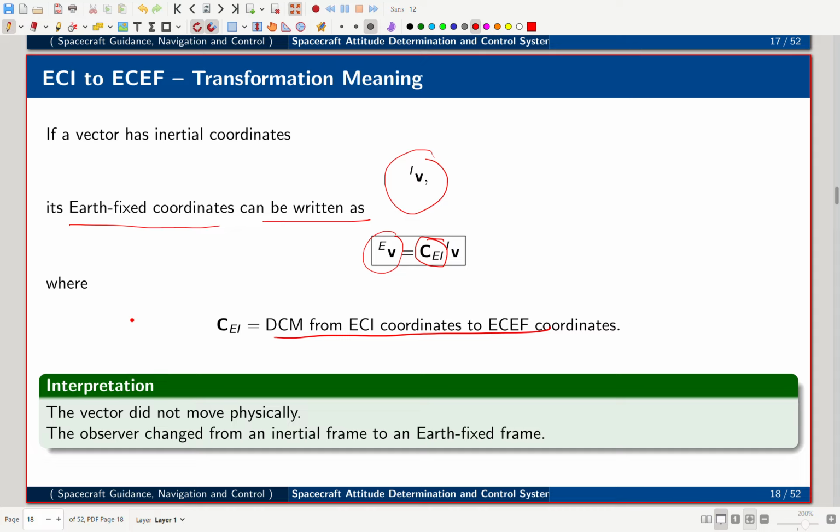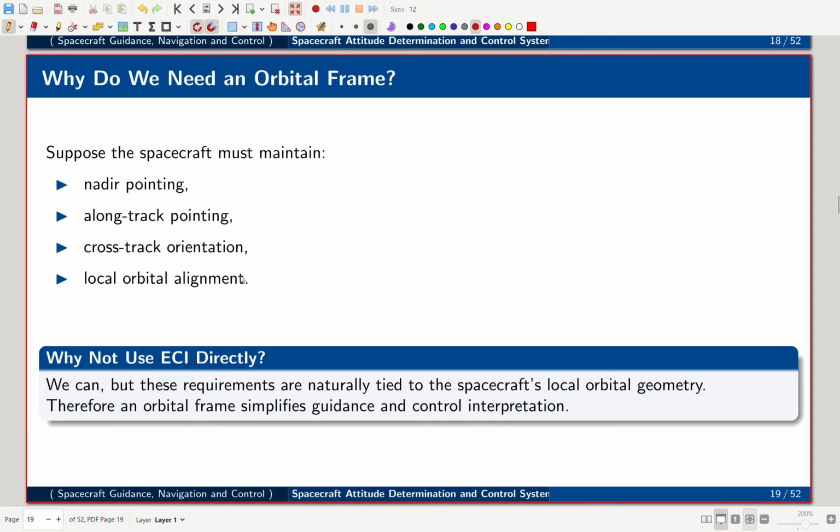We have various sets of frames, so we need to transform them, right? Only in the same frame can a comparison take place. So what is the interpretation? The vector did not move physically, this is very important. We only observe a change from the inertial frame to the Earth-fixed frame. These are the points to understand here.